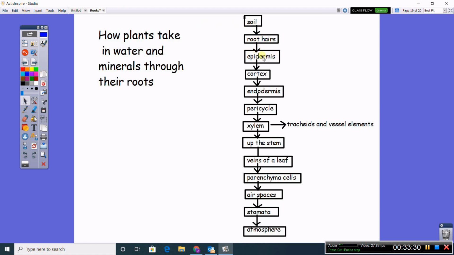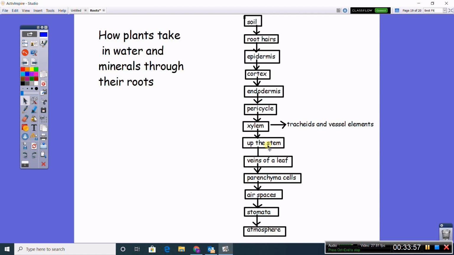epidermal cells. Okay, from the epidermis, we know it's going to pass through the cortex, and then through the endodermis, and then through the pericycle, and then to the xylem. Okay, xylem, remember, consists of two specific kinds of cells, probably one more so than the other, depending on what kind of plant we're talking about, but those two types of cells are tracheids and vessel elements.